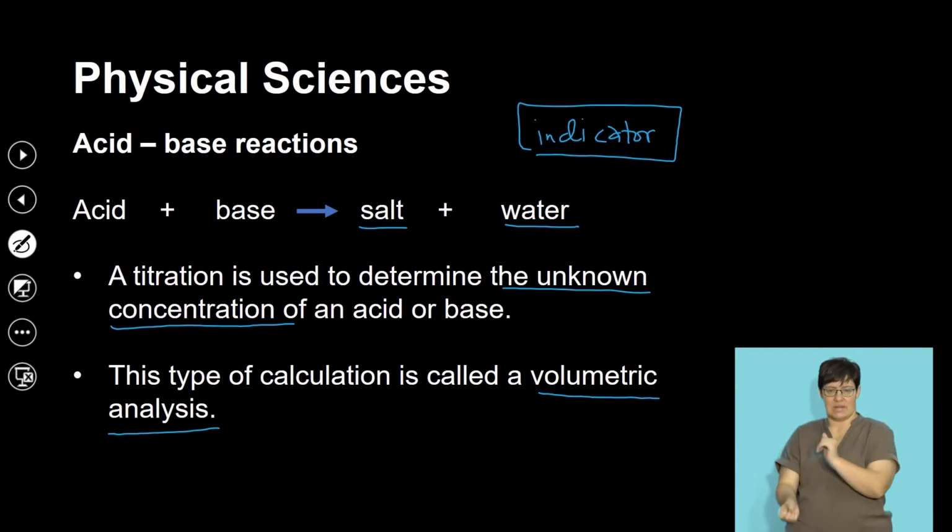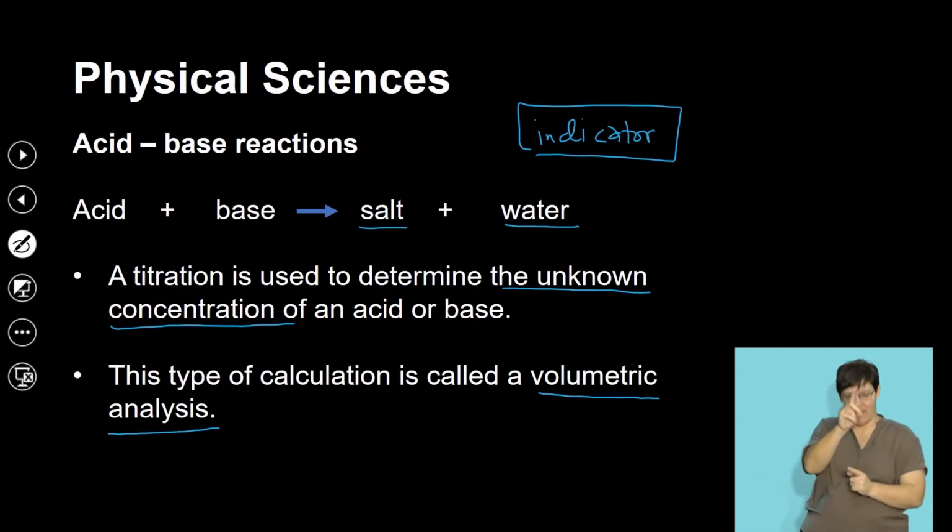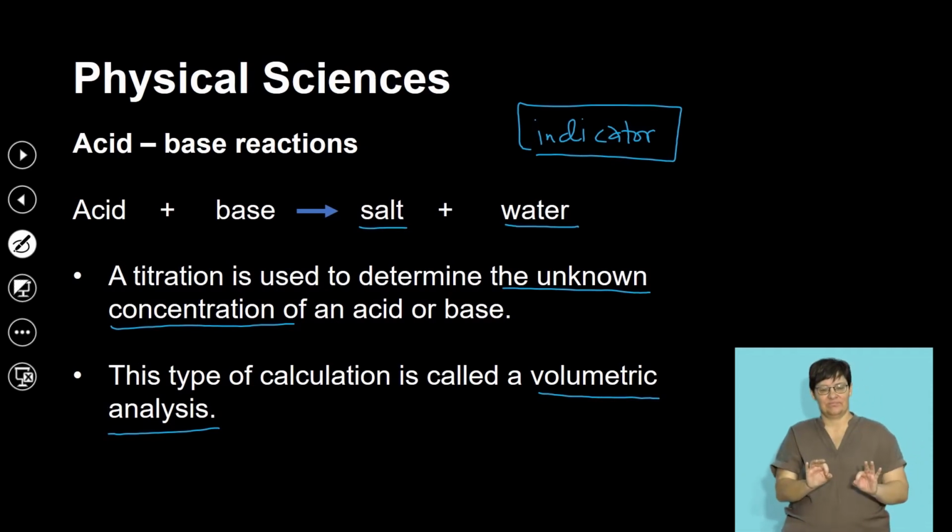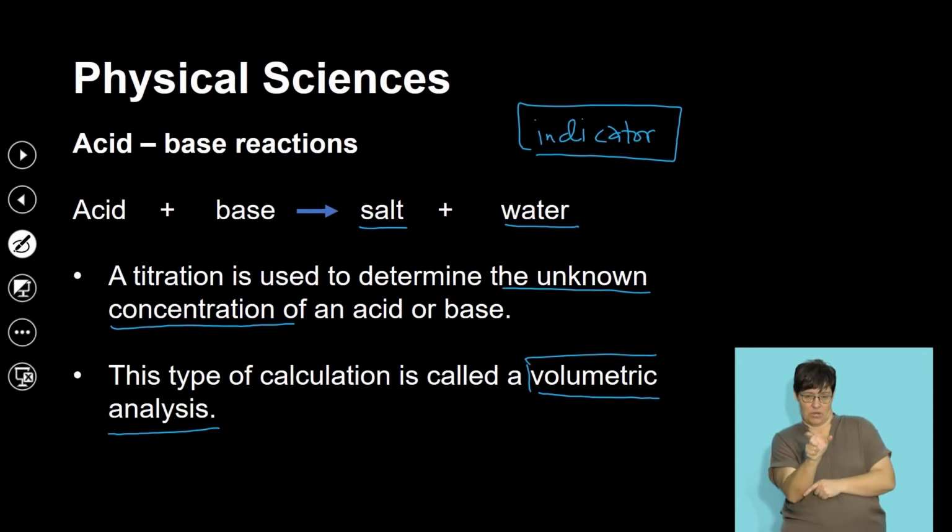When there is a color change in the indicator, the reaction has reached the equivalence point. So the indicator, qualitatively, is exactly its role as far as the titration is concerned.